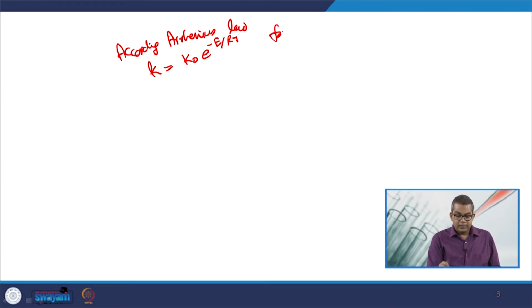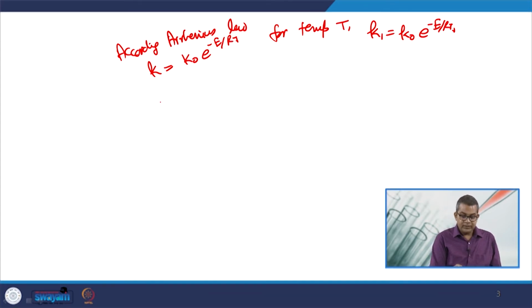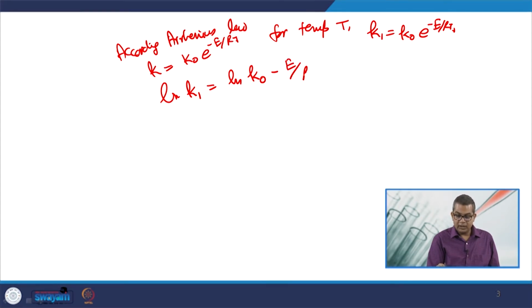Now for temperature T1, k1 = k0 e^(-E/RT1). If we take the log of both sides, the equation becomes ln k1 = ln k0 - E/RT1. This is equation number 1.